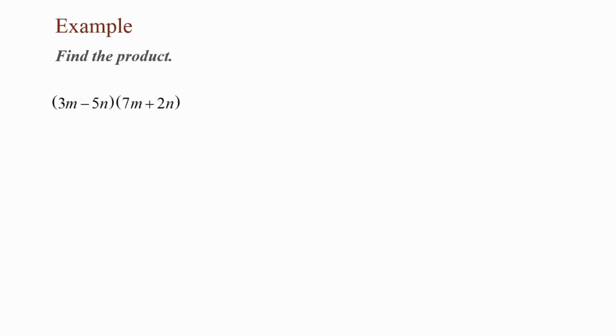In this example, find the product of 3m minus 5n times 7m plus 2n.